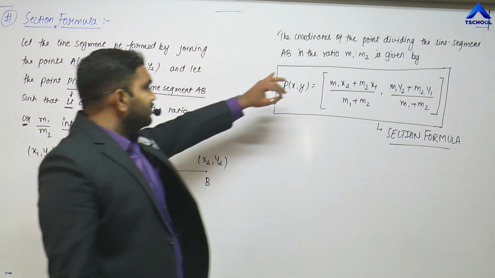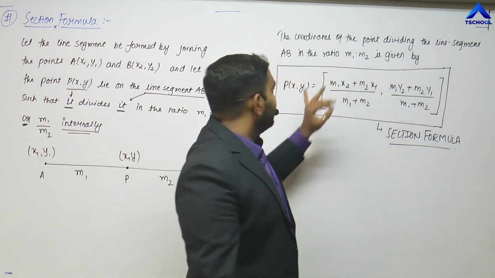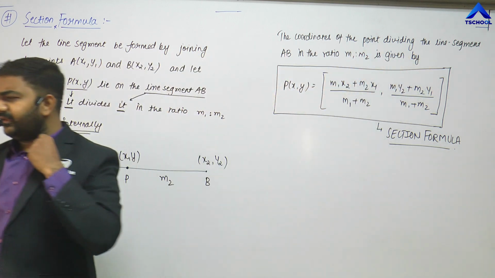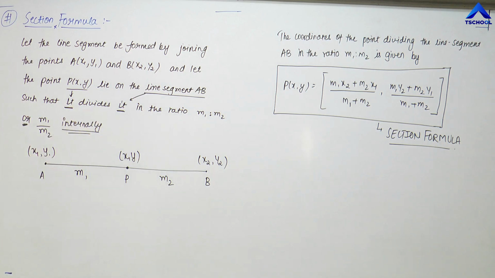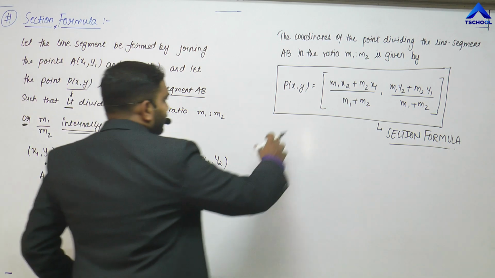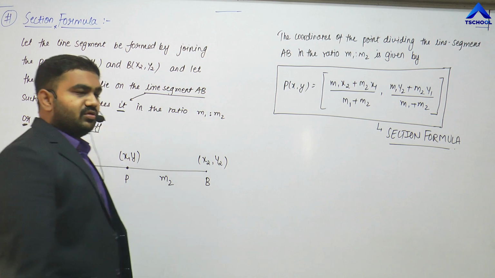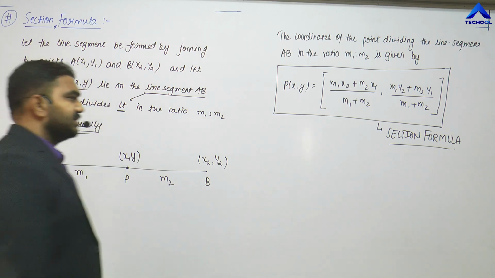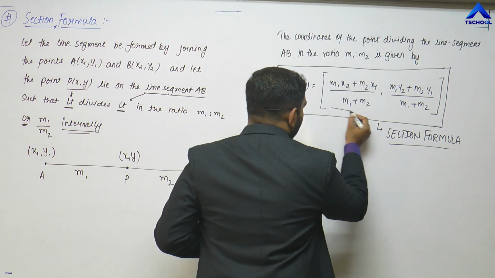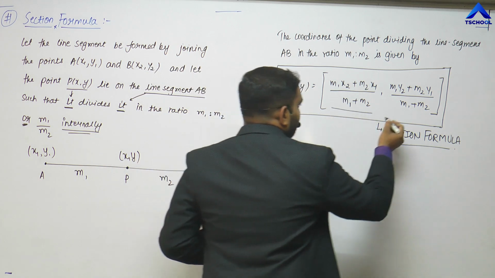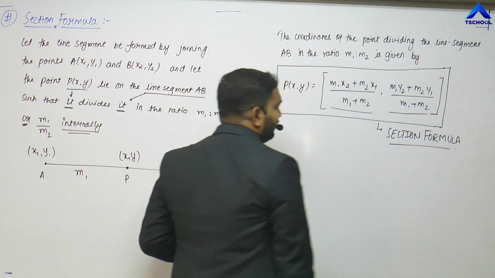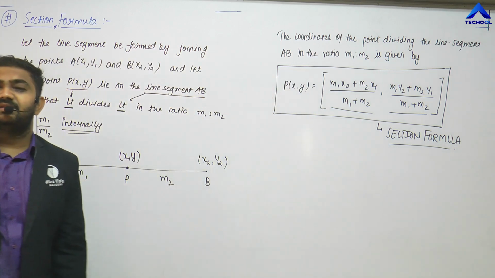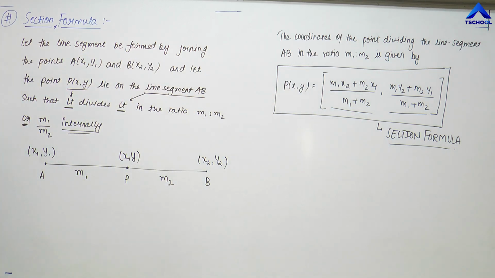So the coordinates of the point dividing the line segment AB in the ratio m1 is to m2 is given by P(x, y) equals (m1 x2 plus m2 x1) upon (m1 plus m2). Friends, this is only the x coordinate, comma (m1 y2 plus m2 y1) upon (m1 plus m2), that is the y coordinate, right?